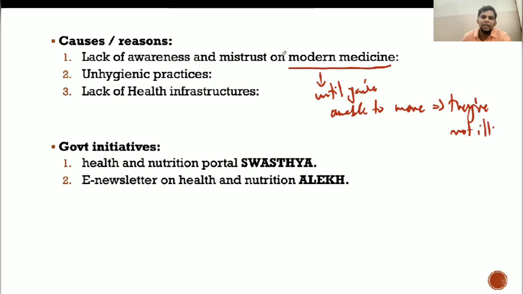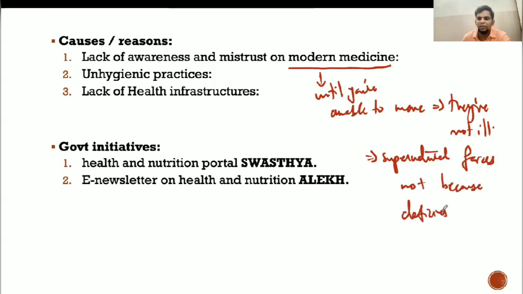Not only that, it could also be supernatural forces creating it, not deficiencies or pathogens. So these are things you want to keep in mind as well.